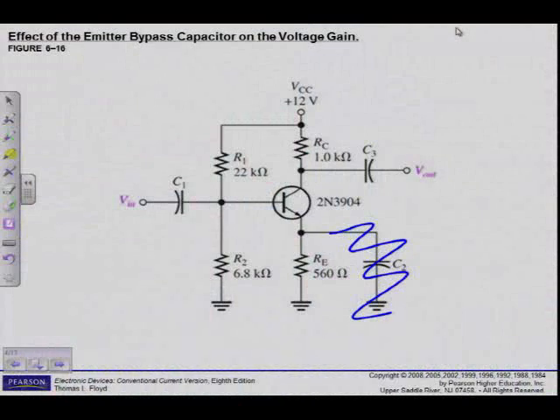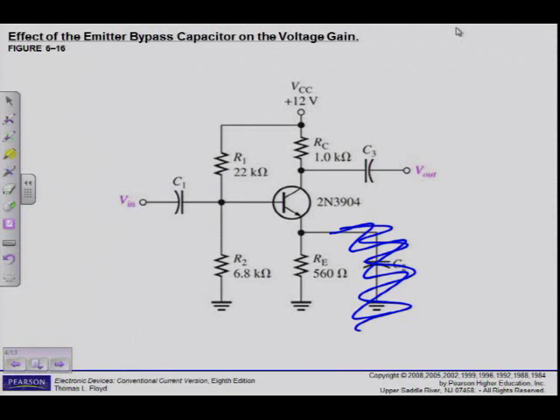So now AV, voltage gain, is equal to RC divided by R accent E plus RE, because RE is now not bypassed. Just keep these values in mind, it's quite interesting.